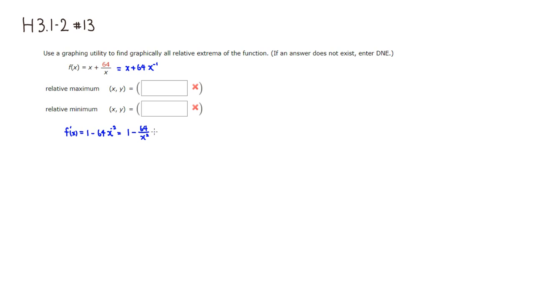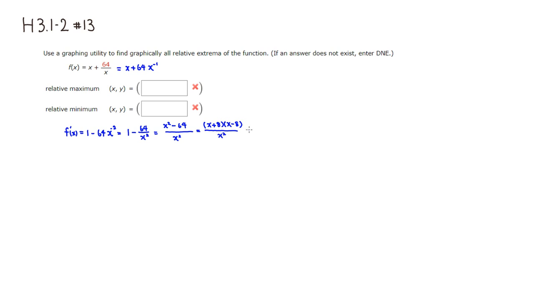Then taking a common denominator, x squared would be the common denominator. So 1 is x squared over x squared, minus 64. Then I'm going to factor the numerator, so it's going to be x plus 8 times the quantity x minus 8, over x squared.